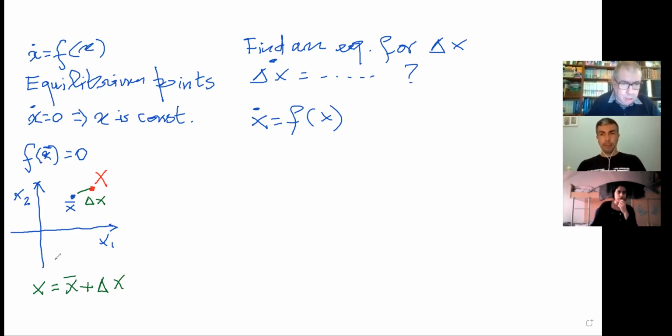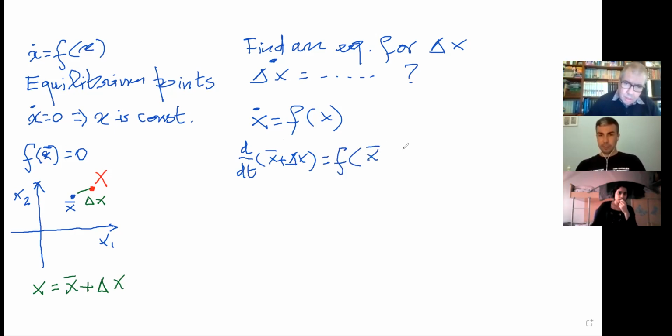So x dot is equal to f of x. So on the left, the derivative of x bar plus delta x is equal to f computed at x bar plus delta x.